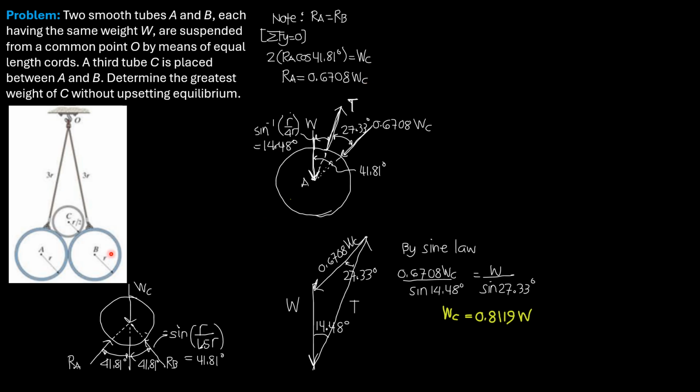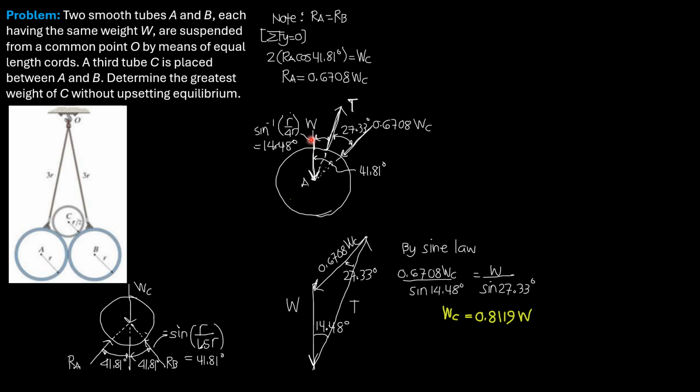We then transmit that reaction here to this tube A. The weight of tube A is W. This is the transmitted reaction between A and C, 0.6708 WC, and the angle that this reaction makes with the vertical is 41.81 degrees.